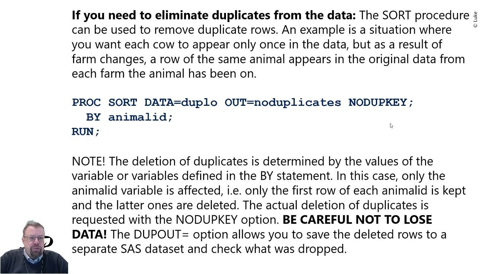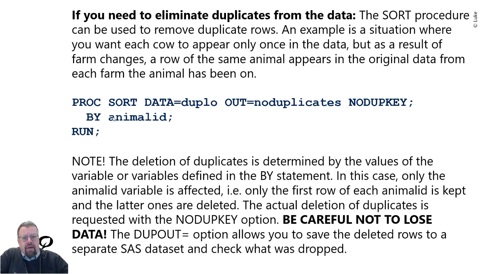And the key option is this one here, the nodupkey, which says that based on what you have defined in the by statement, you always only keep the first appearance of each unique combination defined in the by statement. So in this case, we only have the animal ID here, so it would always keep the first row of each animal ID that it comes upon.